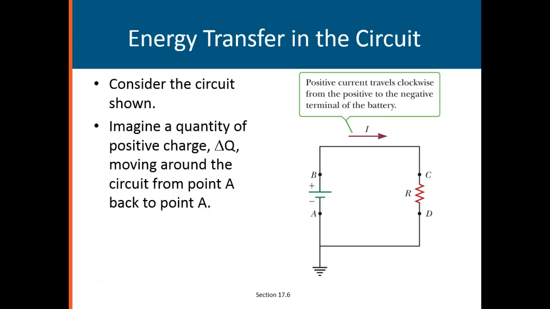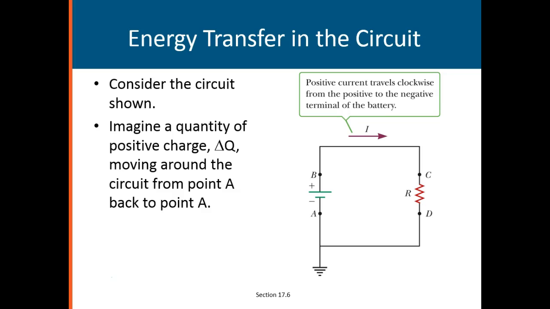Imagine the quantity of positive charge, delta Q, that moves around the circuit from point A back to point A. Guess what? You do not lose any charge. When the current goes through a resistor, it does not lose charge.